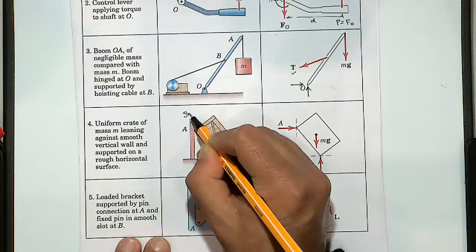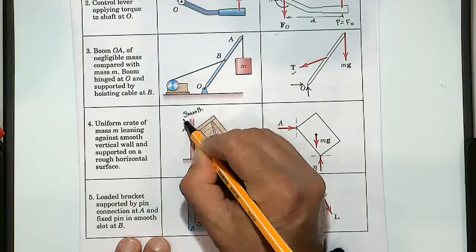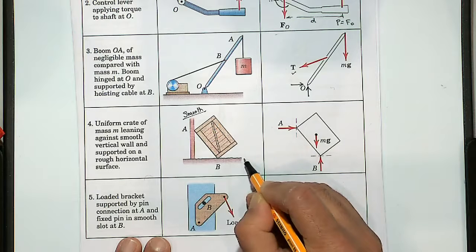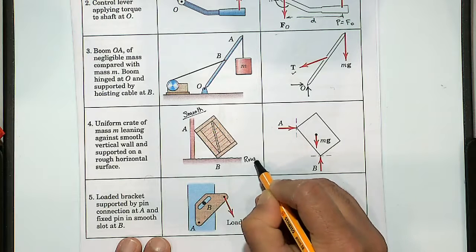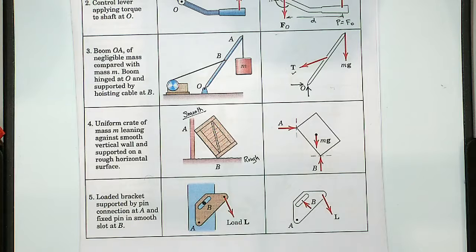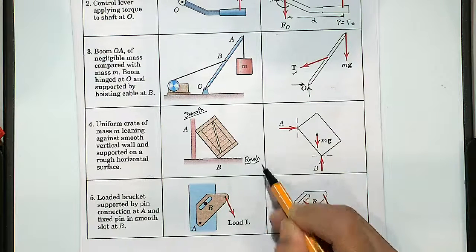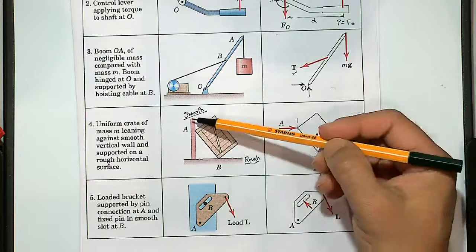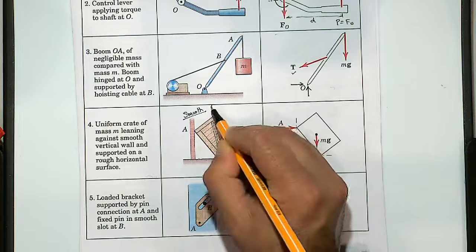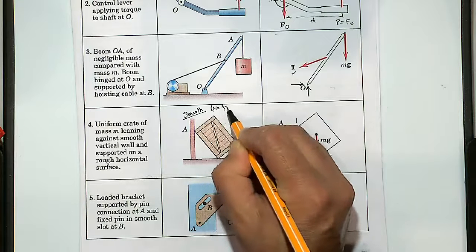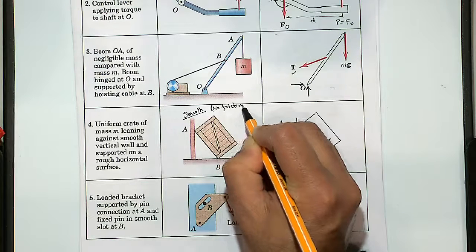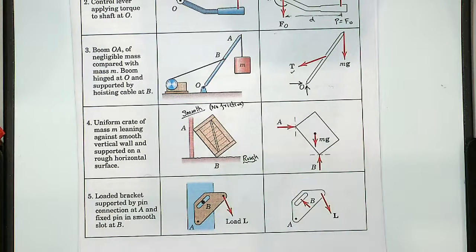So this is a smooth vertical wall, and this floor is rough. Whenever you see smooth or rough, the difference is that smooth means no friction.